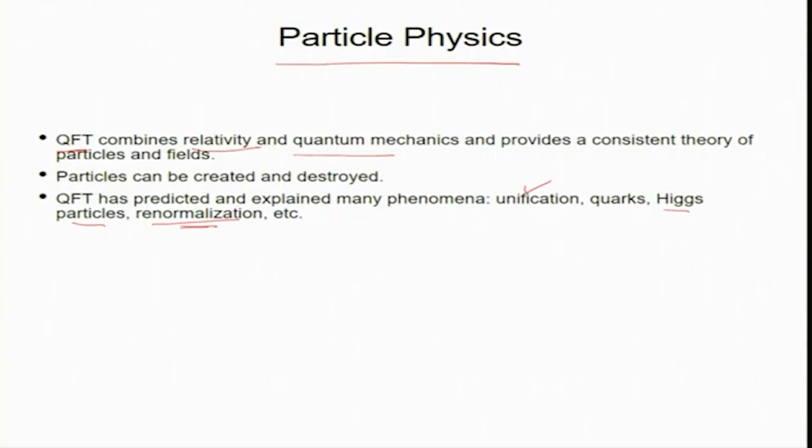The charge of a particle is not constant. The charge of an electron, what we say is 1.6 times 10 to the power minus 19 coulomb, is the effective charge at low energy. If you probe with a higher energy, I mean if you take a charged particle and probe deeper, then you will experience a larger electric charge.